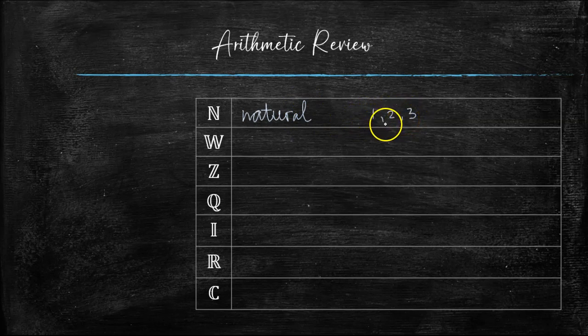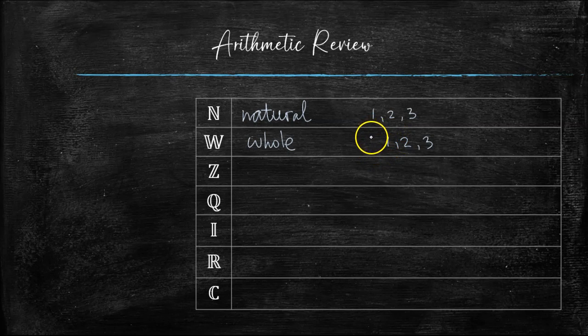And remember that 0 is not considered to be a natural number. The next set of numbers is whole numbers, and it's the same numbers as natural numbers, except for 0.